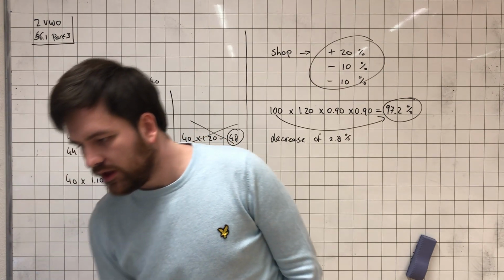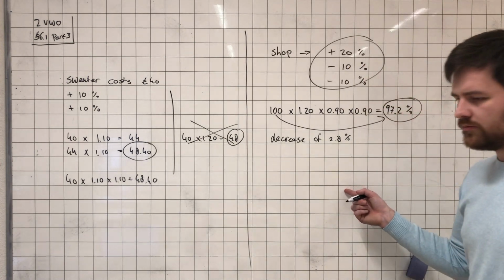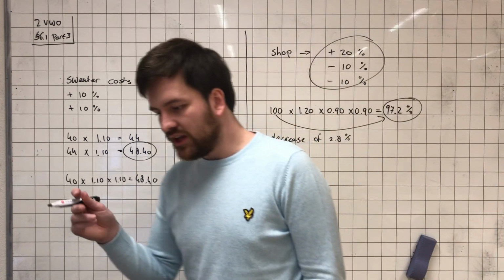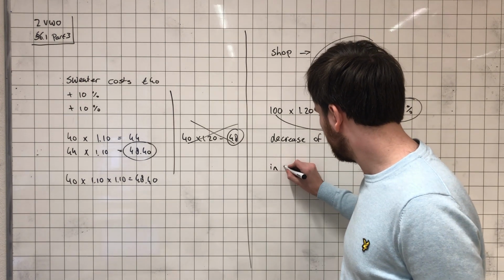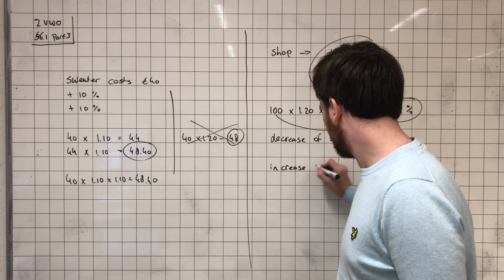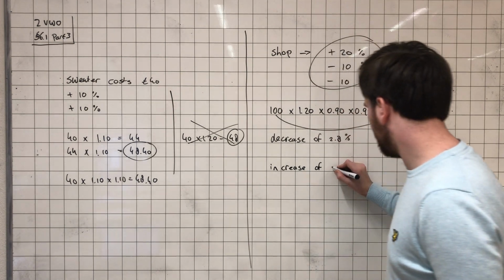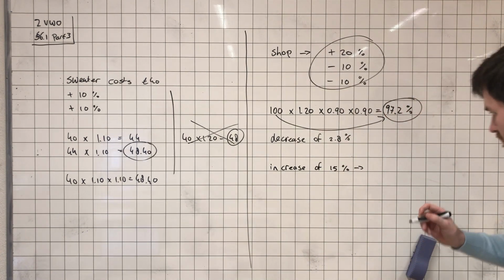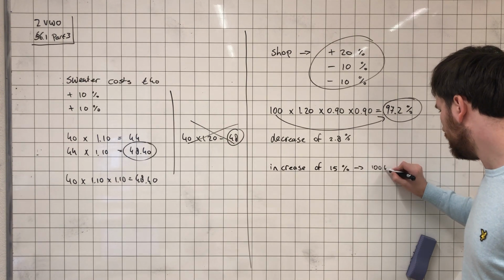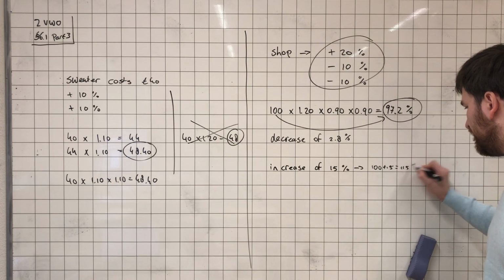Those are the most important parts. So usually, for example, when you have an increase of a certain percentage, for example, 15%, then the multiplication factor is 100 plus 15, which is 115.